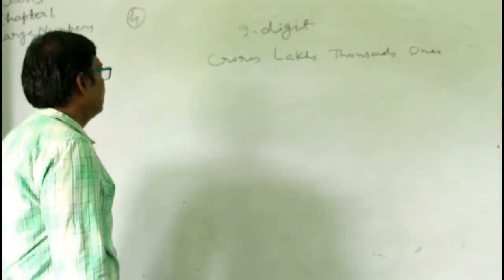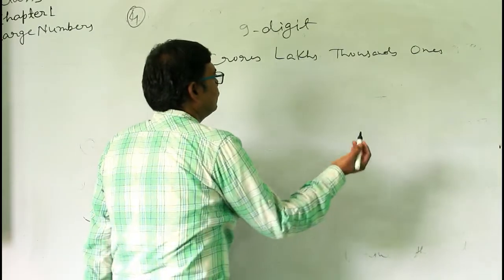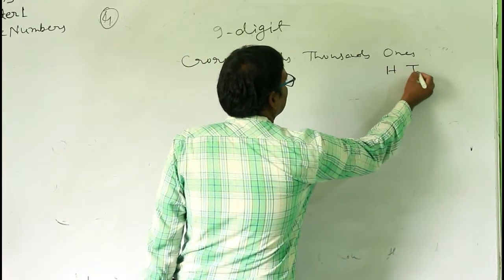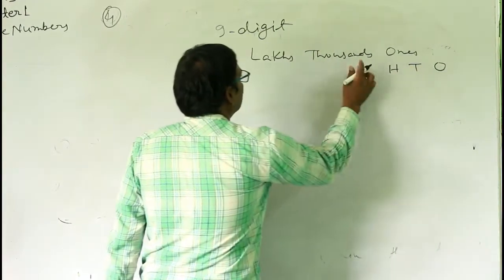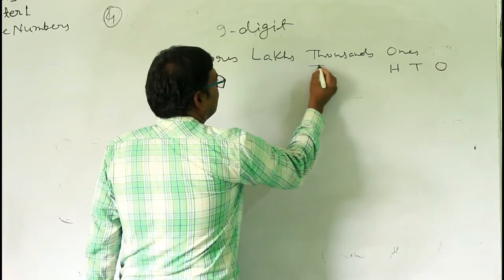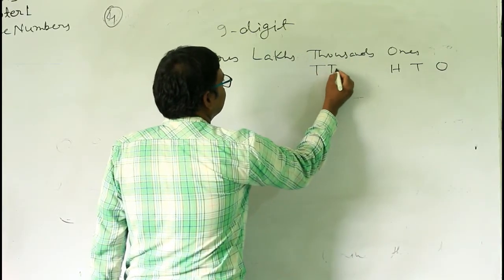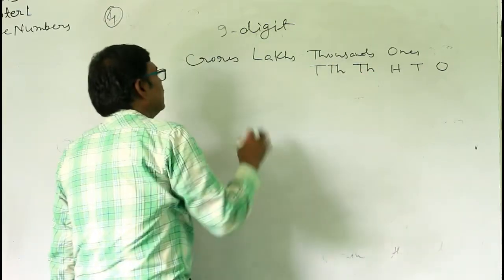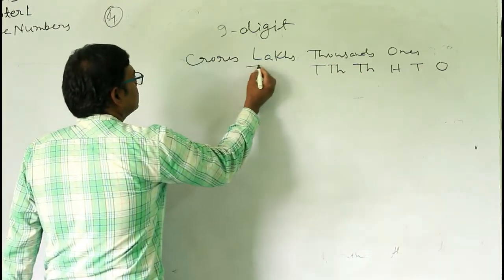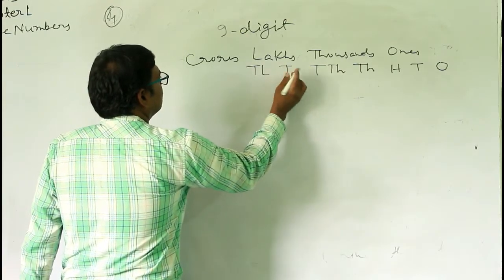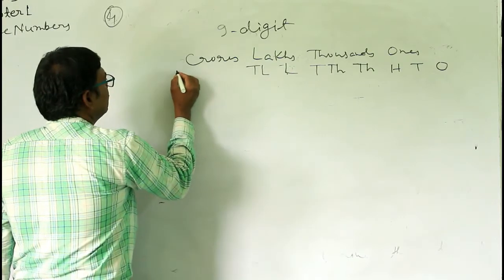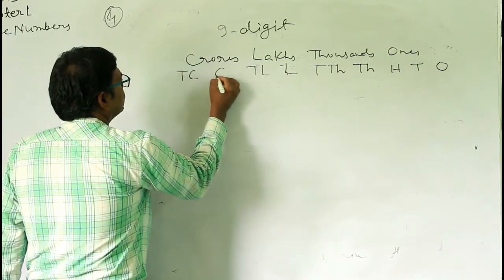In this you have the places like 100, then 10 and then ones, and in thousands you have two periods, 10,000 and 1,000. Then in lakhs again you have 10 lakh and lakh, and then crore, 10 crore and crore.